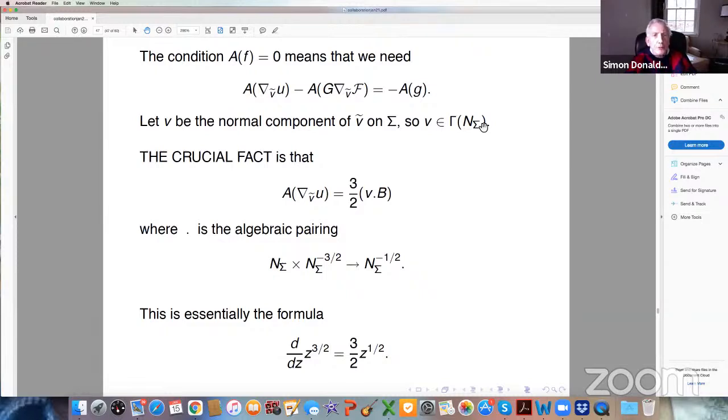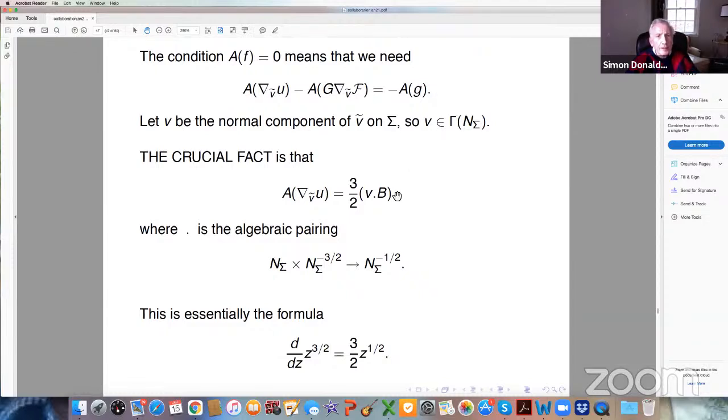So the crucial thing, but completely elementary, is that if we differentiate our object u along v tilde, and then we take the r to the half term, that's just given by the second term, the r to the 3 over 2 term, multiplied by this normal vector v.